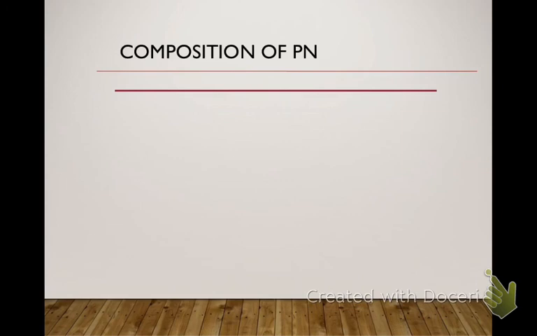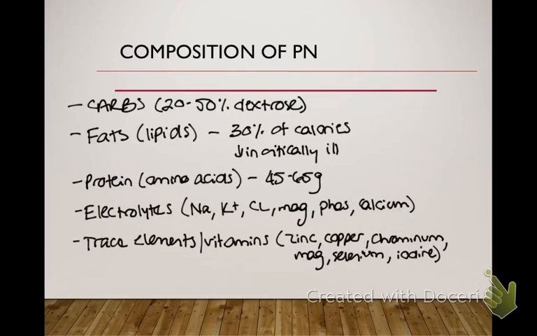So what's all this stuff inside of it? Inside PN. So this is labeled TPN, but remember TPN is PN, right? Because it can either be peripheral or central. So inside of this are some carbs, typically 20 to 50% dextrose.